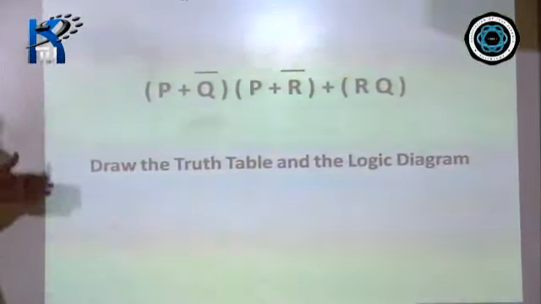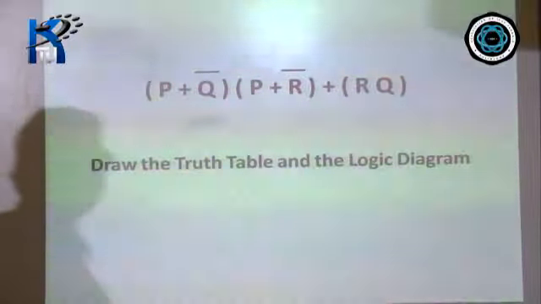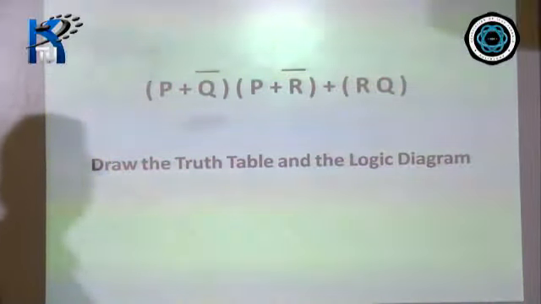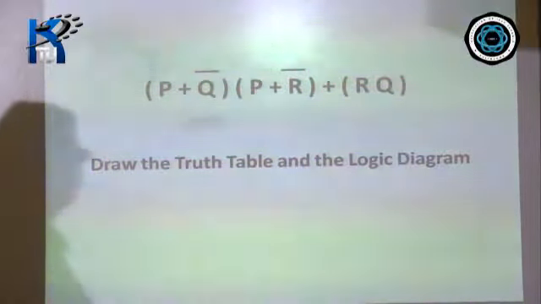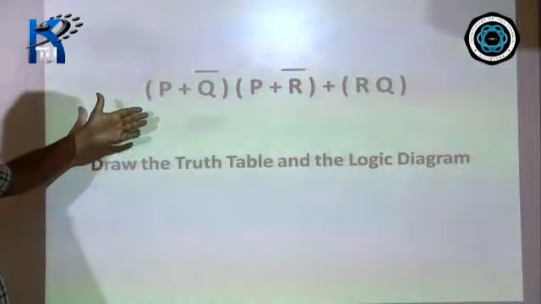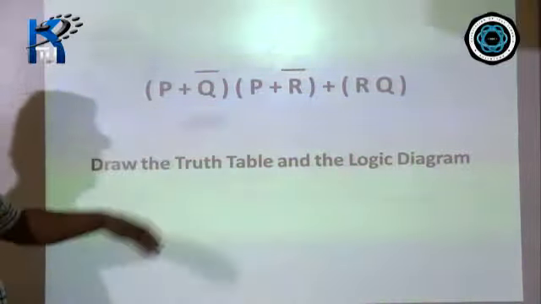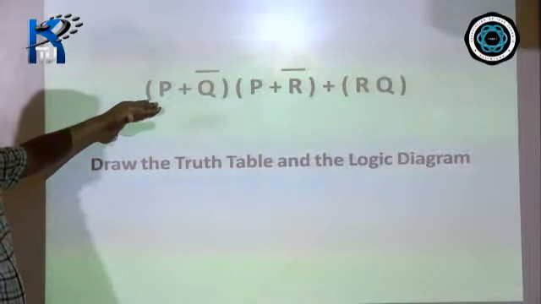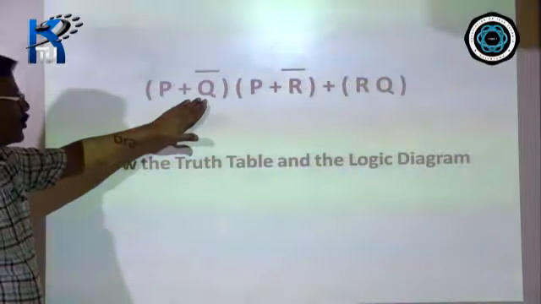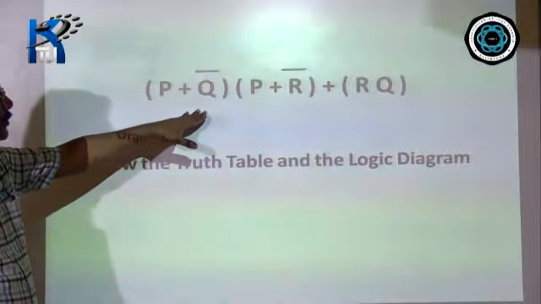Our expression is given: (p plus q complement)(p plus r complement) plus rq. We are supposed to draw the truth table and logic diagram for this given expression. Now you must remember that when you are solving an expression, first you should solve the complement, the NOT.